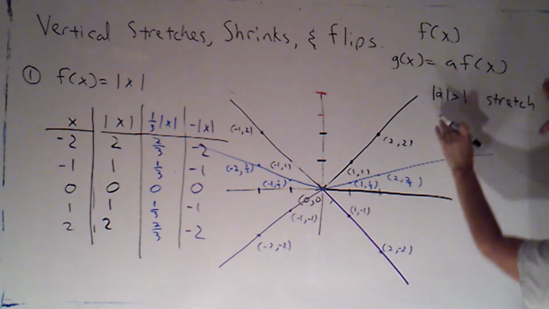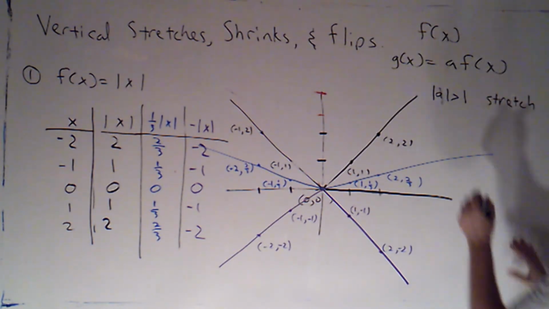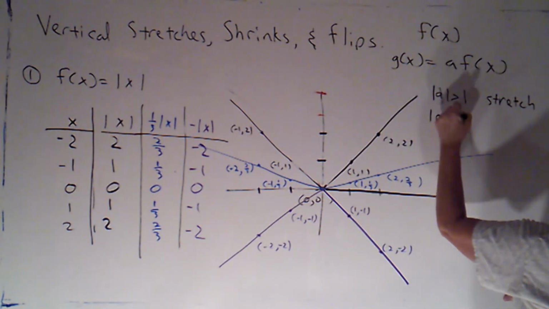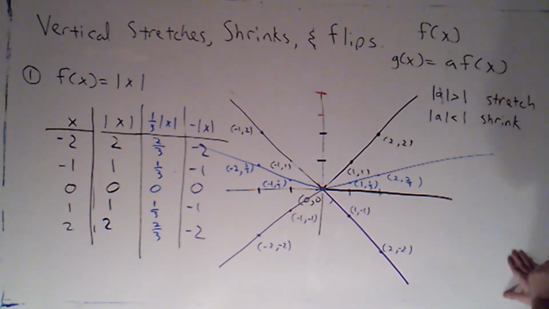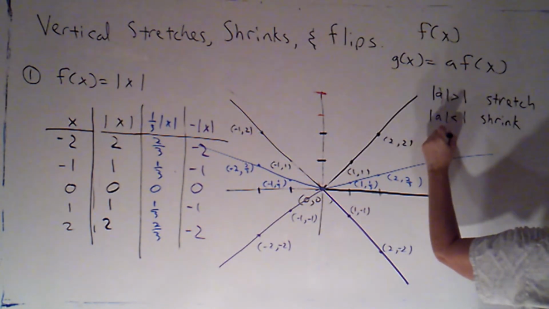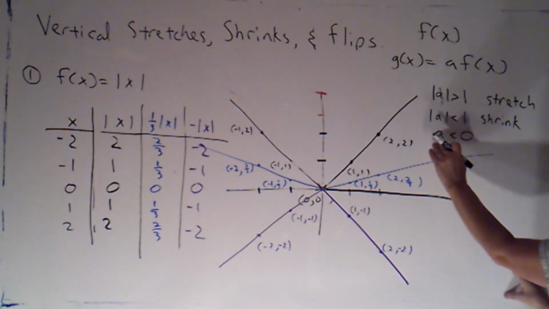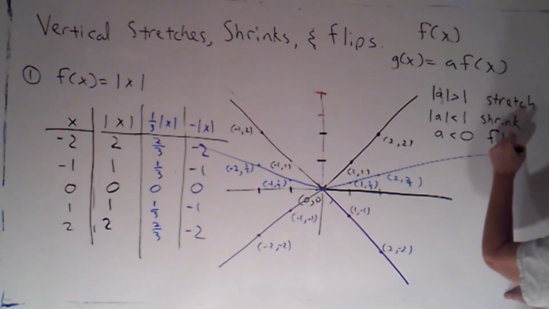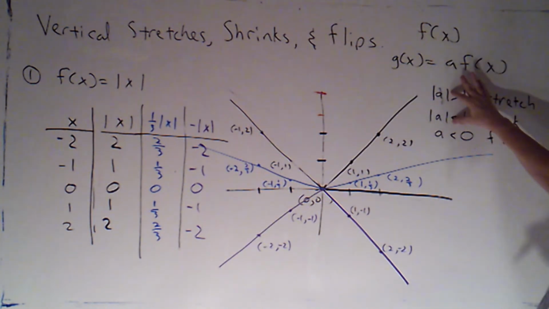All of this is vertical because I'm multiplying by a after I evaluate the parent function. If the absolute value of a is less than 1, it's going to be a vertical shrink. And if a is less than 0, if a is negative, it's going to be a vertical flip.